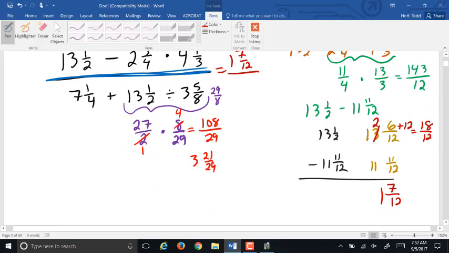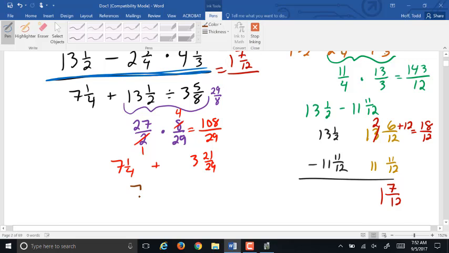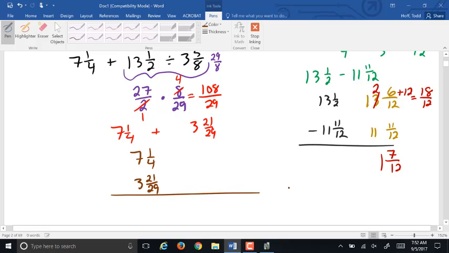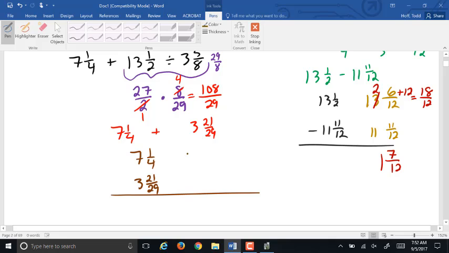So now we've got 7 and 1/4 plus that. We need a common denominator, which is going to be 116 is correct. So 29 times 4, 1 times 29 is 29. 29 times 4 is 116. 21 times 4 is 84.